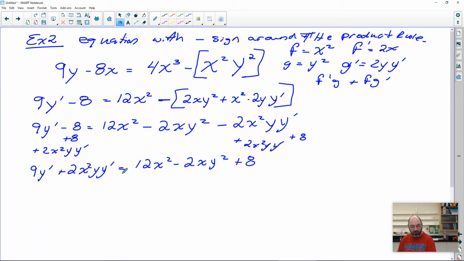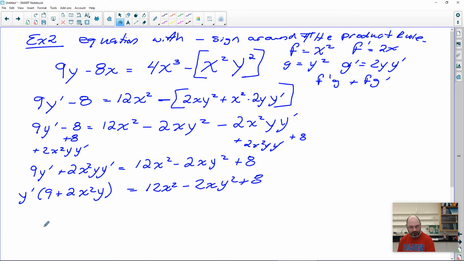So now we have all the equations with the y prime in them on the left and everything on the right. So now we factor out the y prime here. So this is 9 plus 2x squared y equaling all of this, 12x squared minus 2x y squared plus 8.